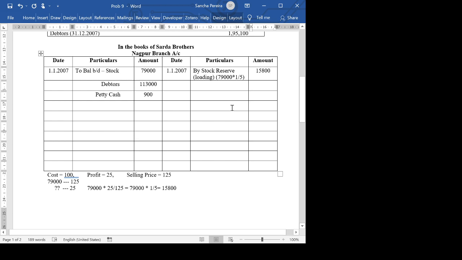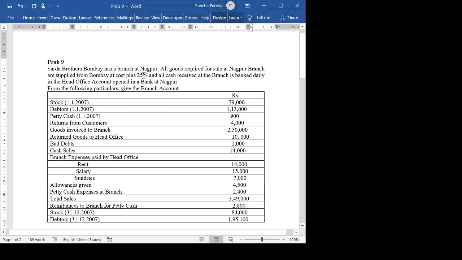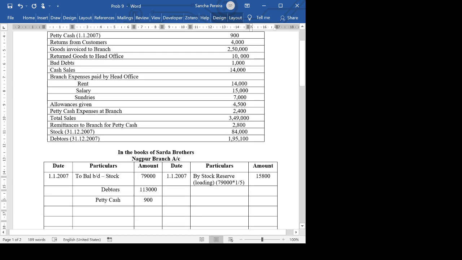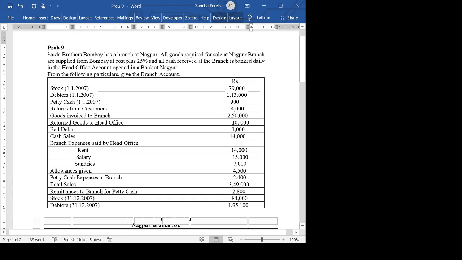Instead of doing this for every problem, I do this to show you how I arrive at one fifth. But if you know it, you don't have to do this calculation. If it's stated as a percentage of sale, there's no problem, there's no confusion at all.